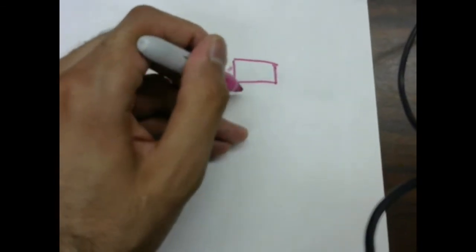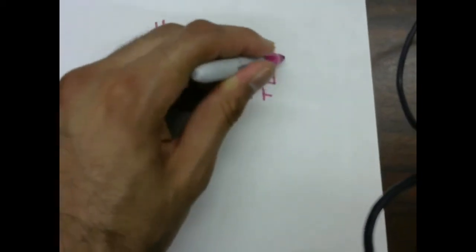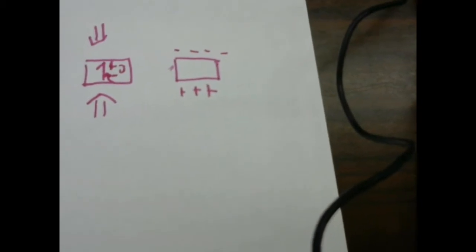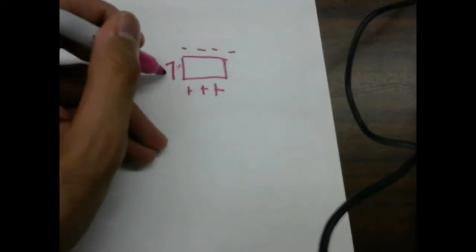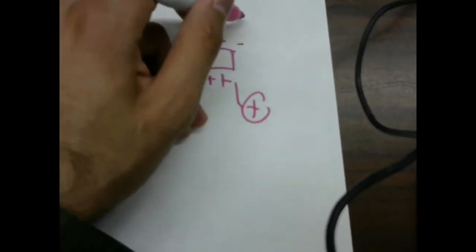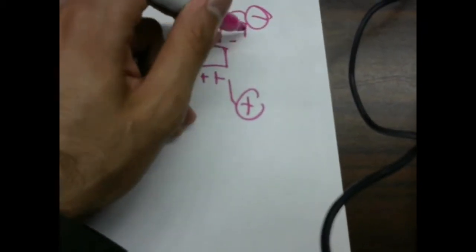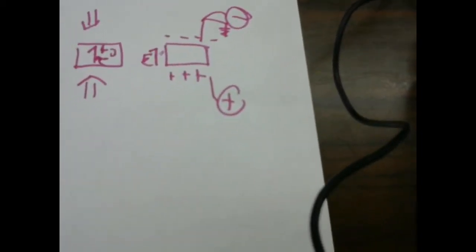So positive will start to develop here, and negative will end up developing here. This is a simple way of thinking about it. Which direction is the electric field? The electric field goes from positive to negative, and so does voltage. So this will be the positive voltage, and this will be the negative voltage, or ground, if you're attaching everything to ground.